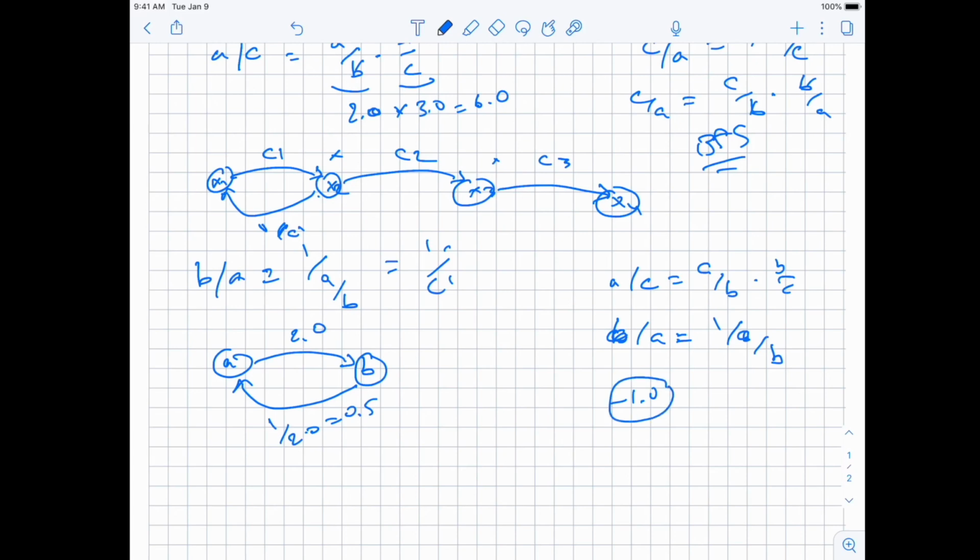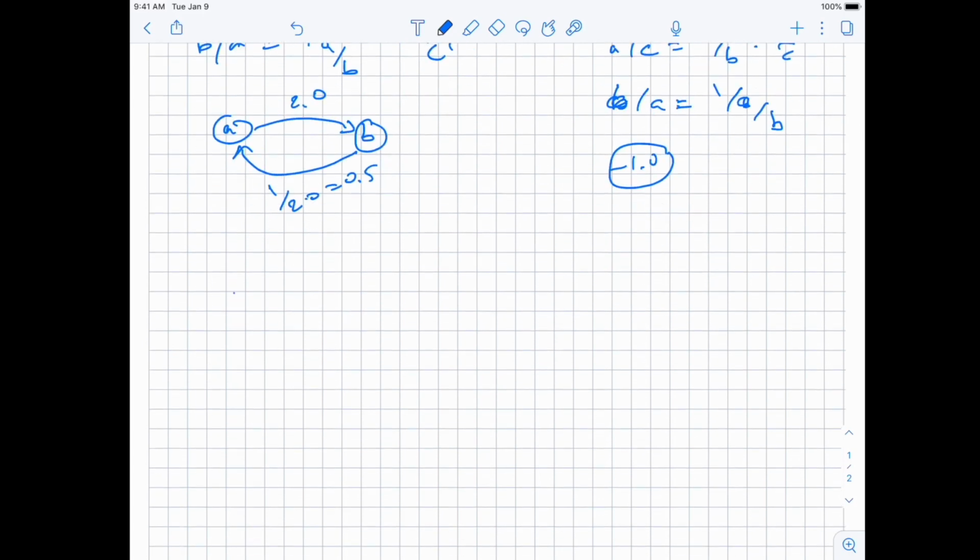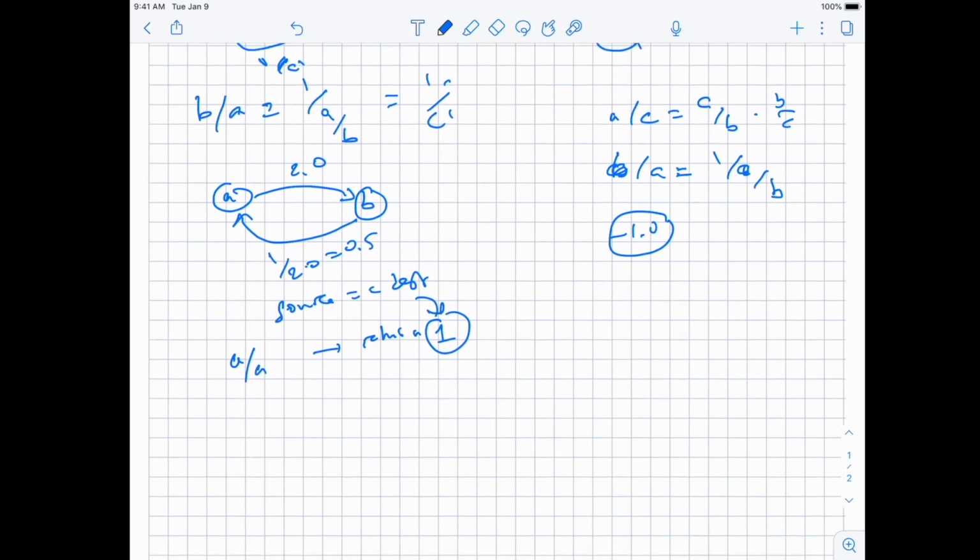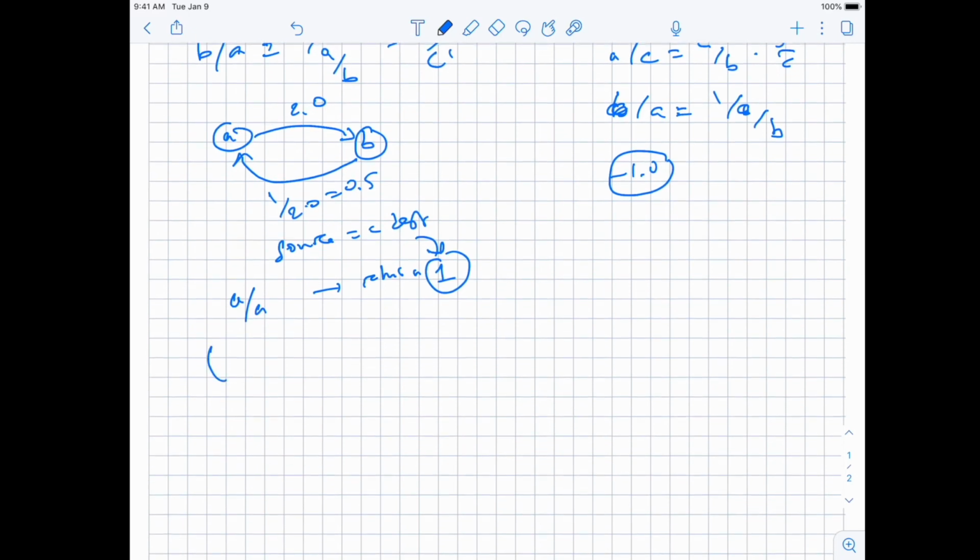And then one more case, which is, what if the values are the same? So let's say we get a divided by a, and a is in the graph. Well, in that case, we just want to return 1. Basically, when the source is equal to the destination, we just want to return 1. But you could just leave the default BFS, because the default BFS will start with the source and with the cost, which would initially be 1, so that multiplication works.